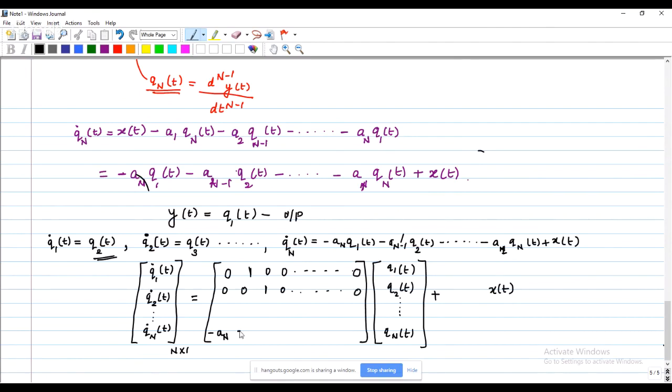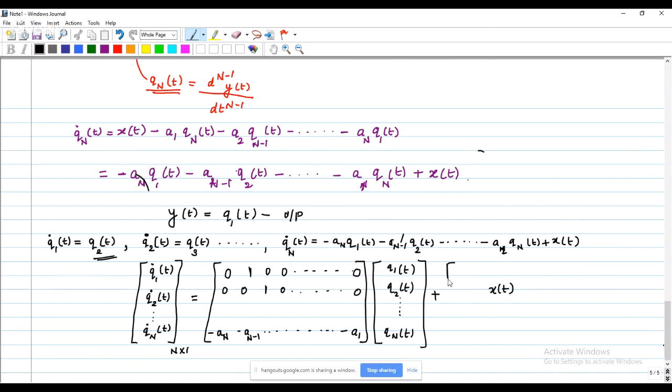Then we have minus an minus 1 for q2, and so on and so forth. We go up till minus a1, which is n total variables. Okay, and that has multiplication with q1, q2, qn.